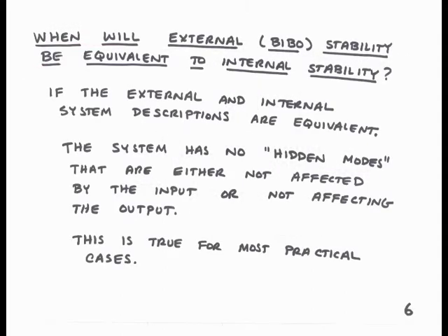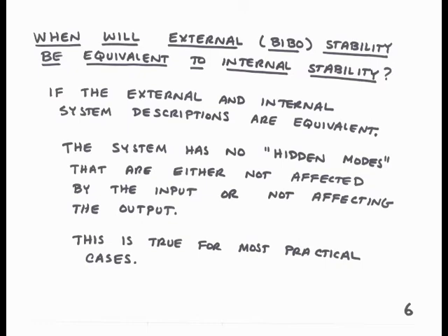When will external BIBO stability be equivalent to internal stability? This is a question we'll tackle in detail in another presentation. For now, let's just give a brief overview. The answer is, if the external and internal system descriptions are equivalent, then external stability and internal stability will be equivalent.